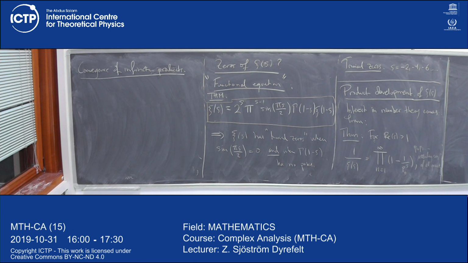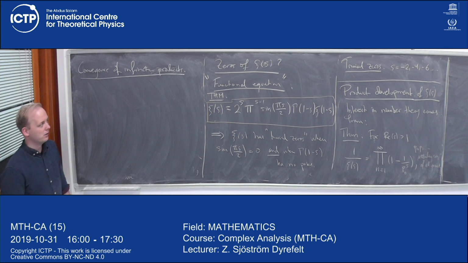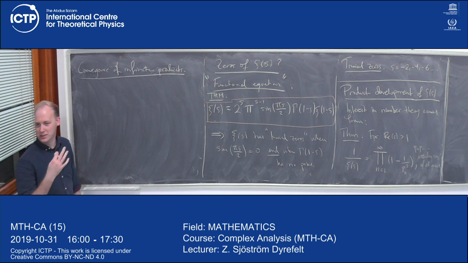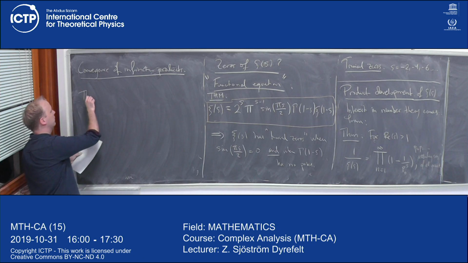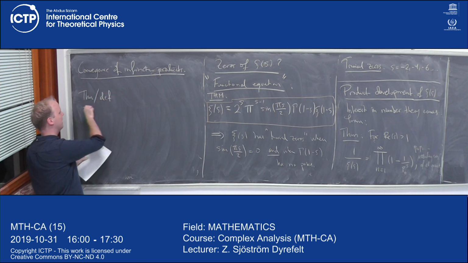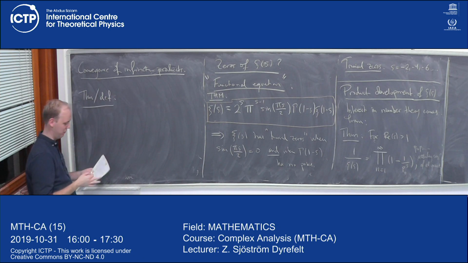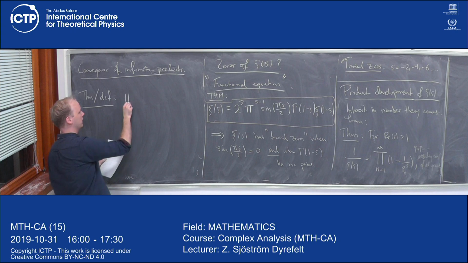There's a limit, but it's a bit more complicated than with a sum. If you have an infinite sum and one term is 0, then nothing happens. But if you have an infinite product and just one factor is 0, then the whole thing is 0. So everything collapses, and we have these small problems. So let me put a theorem, or definition, which you can take as a definition if you want.